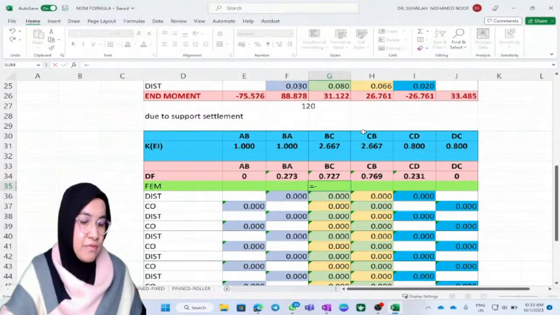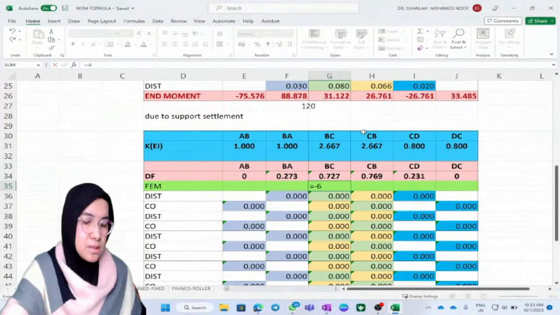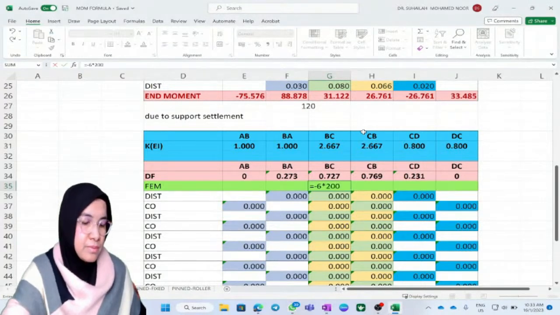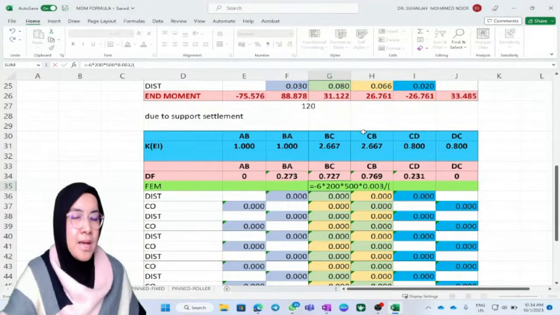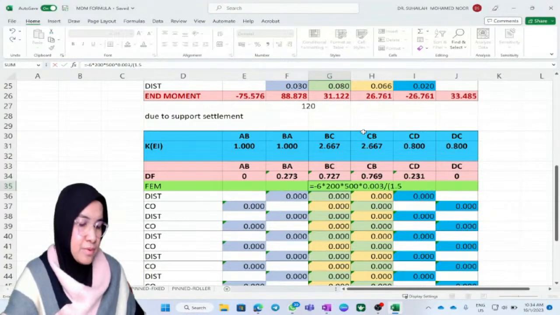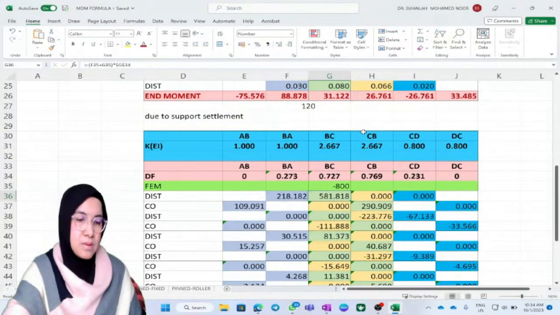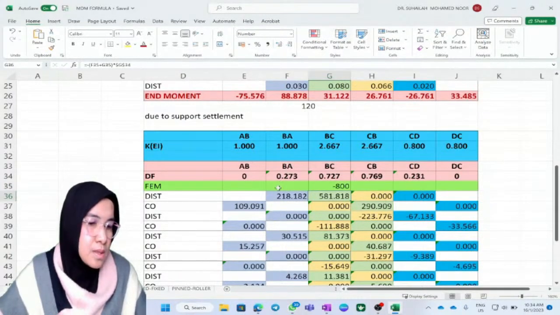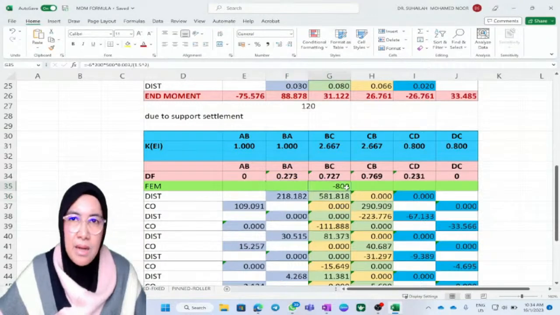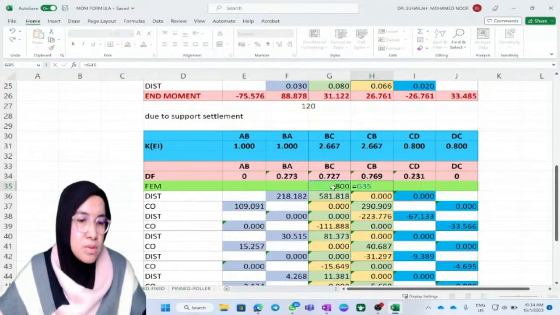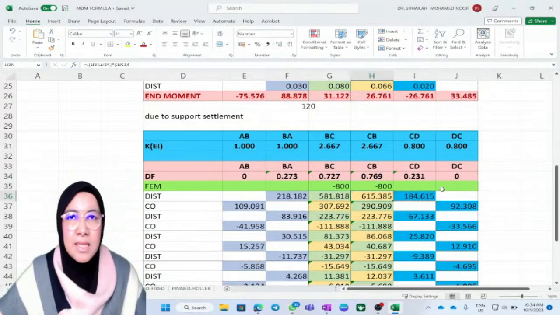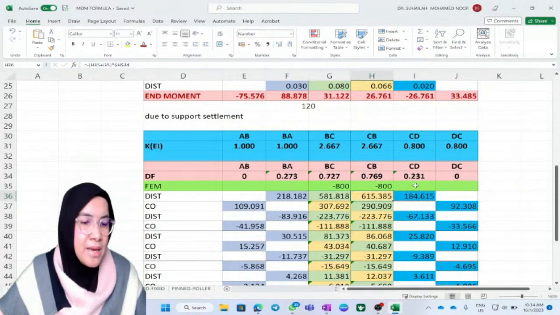We put negative 6 times E is 200, I is 500, times 0.003, divided by 1.5 squared. So we get negative 800, and it is equal for CB. BC and CB have the same value.